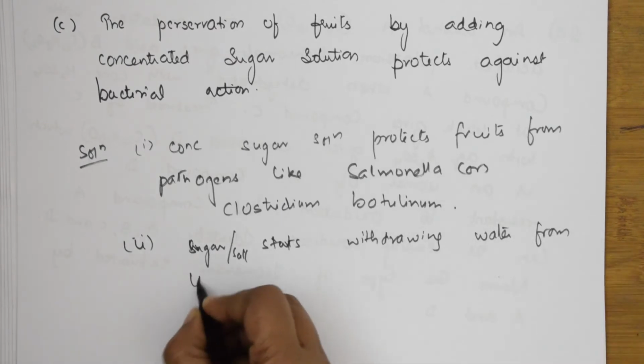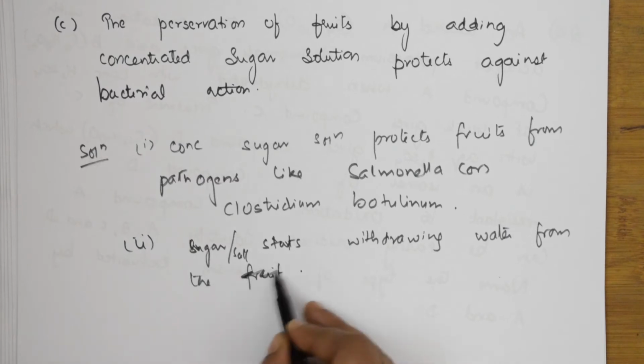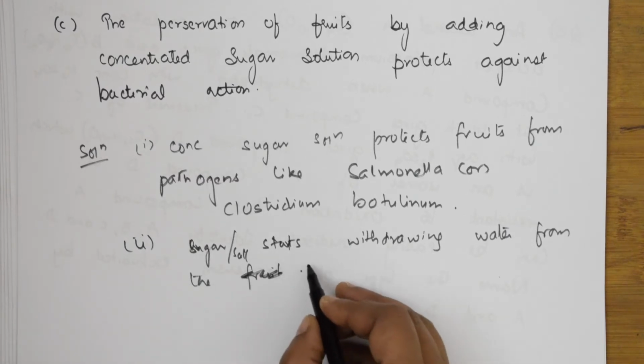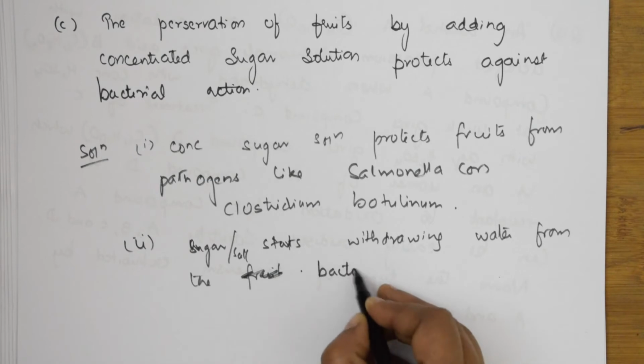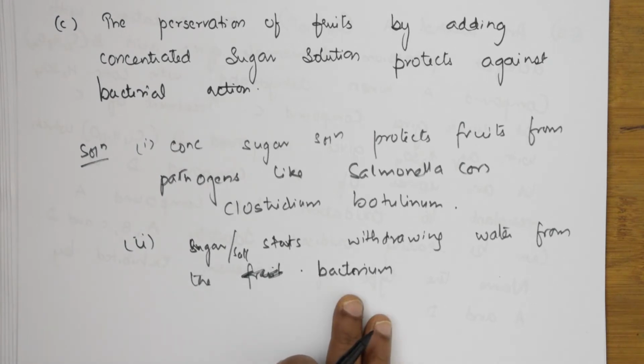From the fruit. It starts withdrawing water from the bacterium. So now what happens is, bacterium is present on the surface of the fruit. Now you are withdrawing water, or you're pulling out water from that. Correct? Yes. So when you are withdrawing water from that, what will happen?